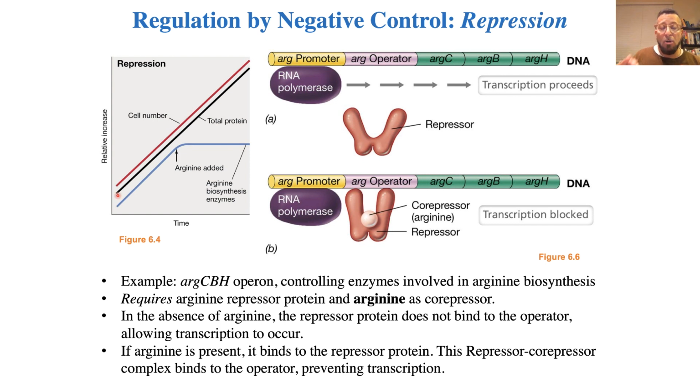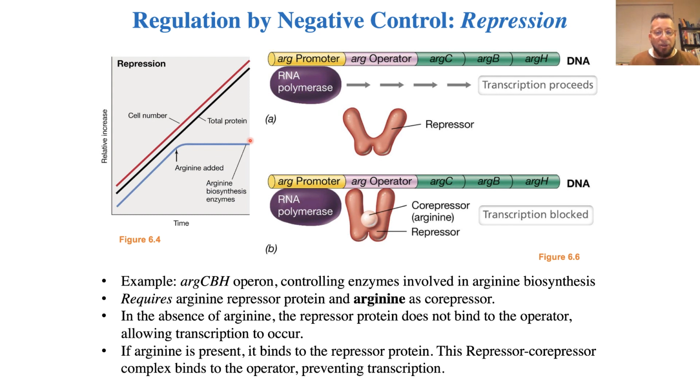The total amount of protein in those cells also increases with increasing cell numbers. But notice that the amount of the arginine enzymes goes up and continues going up until the arginine is added. At that point, there is no more transcription of the arginine operon, and the amount of enzymes never increases as long as arginine is present.